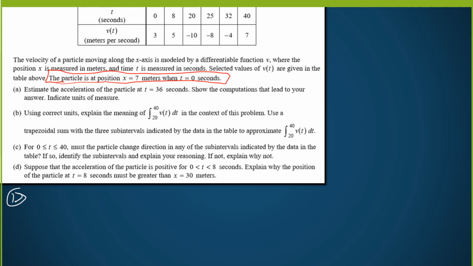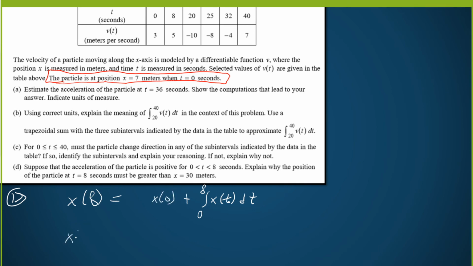Okay, if you're not sure where to start, maybe give me a general form for position. So how would I find the position at 8? Integrate from 0 to 8, but I would also have to add 7, since that was x at 0.